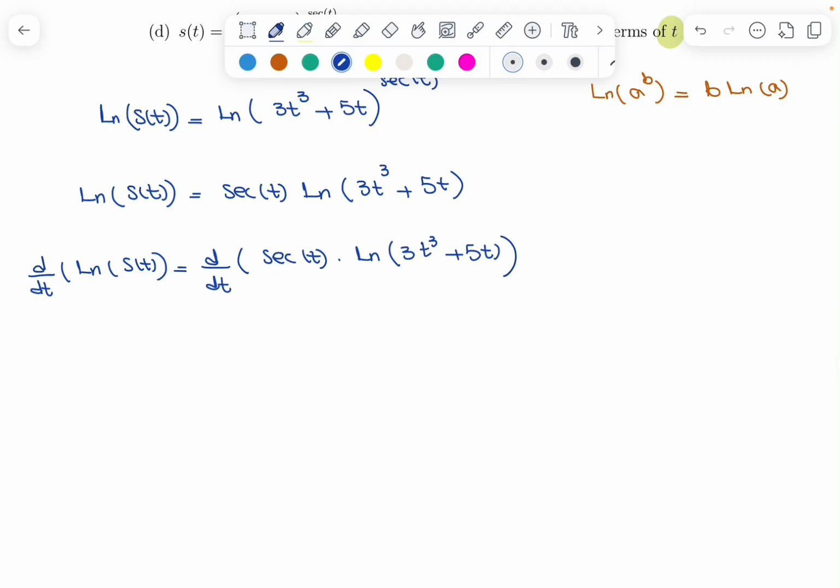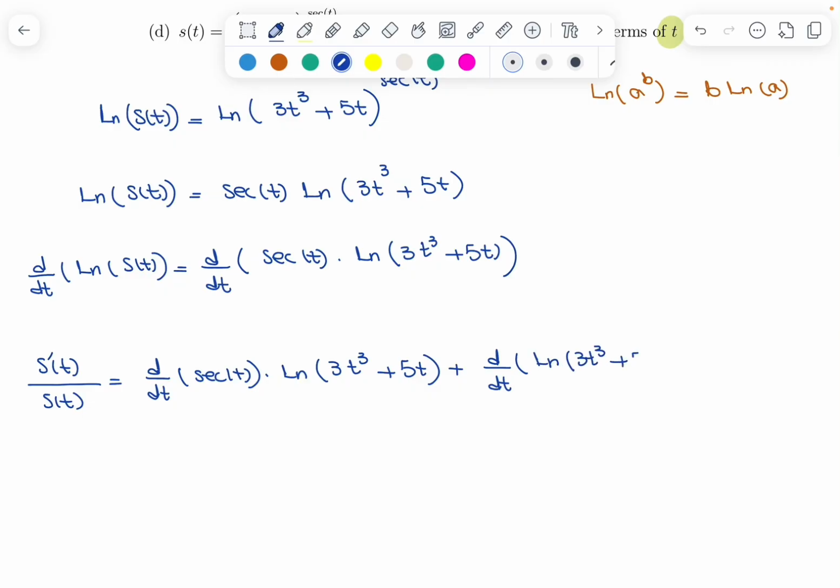Derivative of ln of s of t, by using the formula that you learned, would be s prime of t divided by s of t, is equal to the derivative of secant of t times ln of 3t cubed plus 5t. By using the product rule, it would be the derivative of the first function times the second function plus the derivative of the second function with respect to t, ln of 3t cubed plus 5t, times the first function, secant of t.